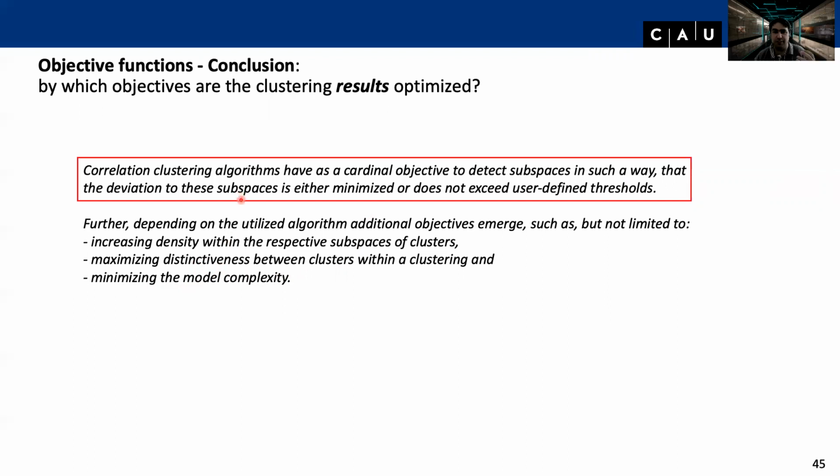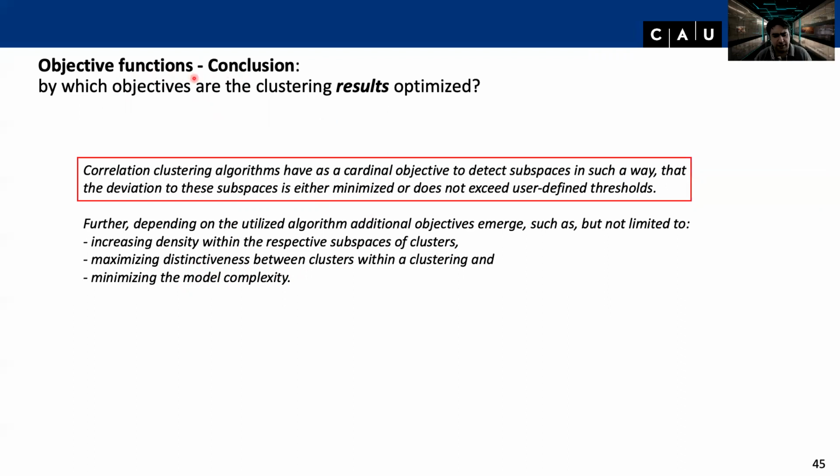But the core idea, what we observe from these few algorithms and what you will also observe with all the others that you've seen in this one tree slide, these 12 algorithms, is that they all have as a goal to find clusters in such a way that the deviation is minimized or not exceeding a user-defined parameter. This is the core idea of the objective functions.